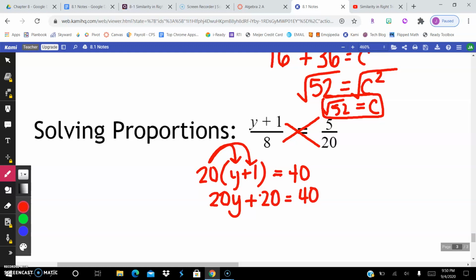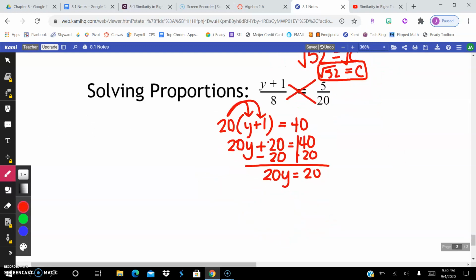That equals 40, so minus 20 from both sides. We would get 20y equals 40 minus 20 is 20. And that's multiplication, so divide each side by 20. 20 divided by 20 is 1. So in this case, y would be 1.